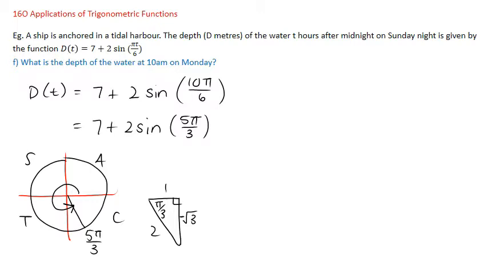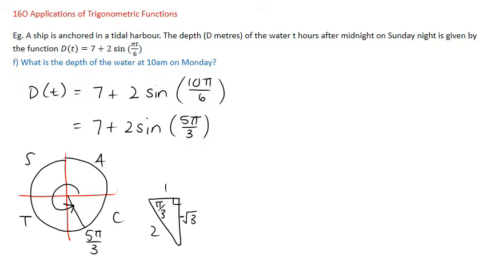Would it be the same if it was in the third quadrant? Would you flip it to the negative as well? Yes, but then the 1 and the root 3 would both be negative.